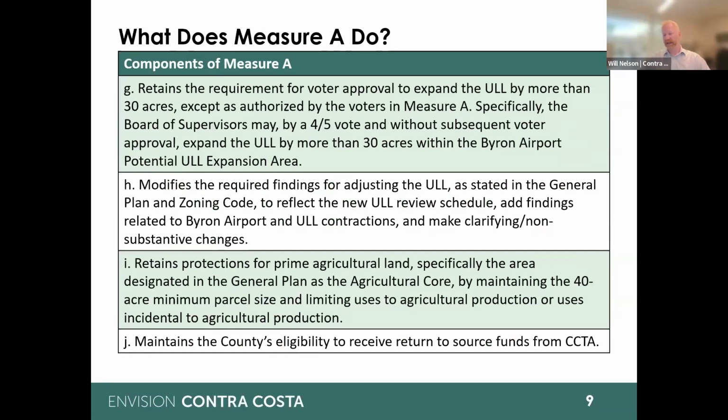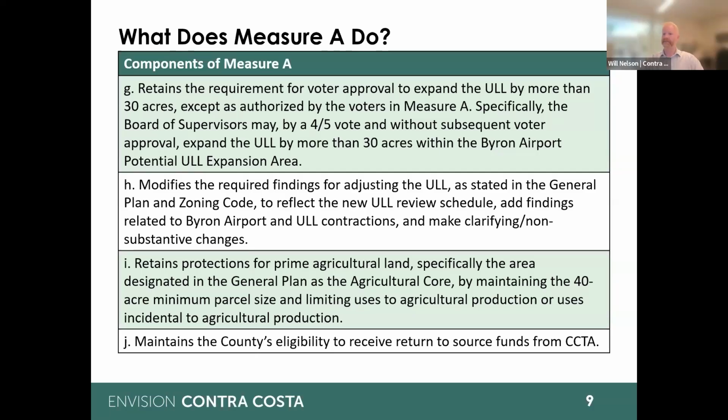H, we did tweak the findings, though, those 7 findings to adjust the line. Some of the language from 2006 was just very difficult to interpret at times. Some of it just needed updating, the terminology and such. But the main thing we did was we added findings related to a potential expansion around Byron Airport. And also, there was nothing in the ballot measure specifically about contractions, how you contract the line and what findings needed to be made.